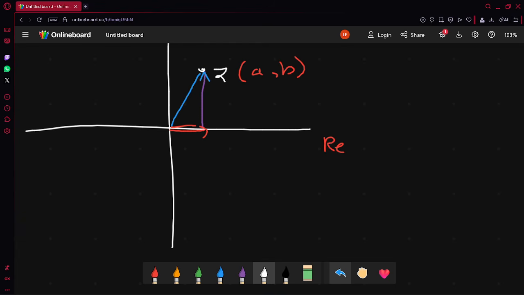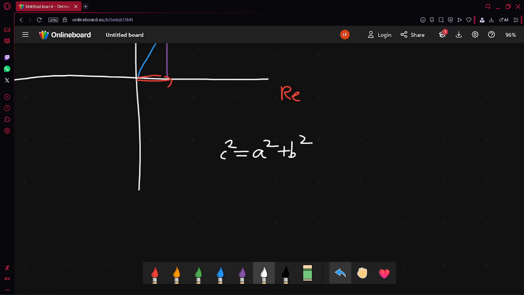Let's just denote it by c or something. So c squared equals a squared plus b squared, and that is your typical Pythagorean. So c is equal to the square root of a squared plus b squared. And this is your modulus, or absolute value of z.